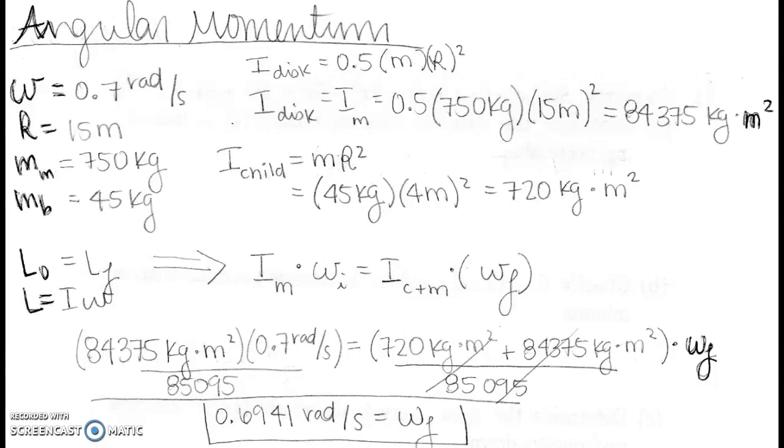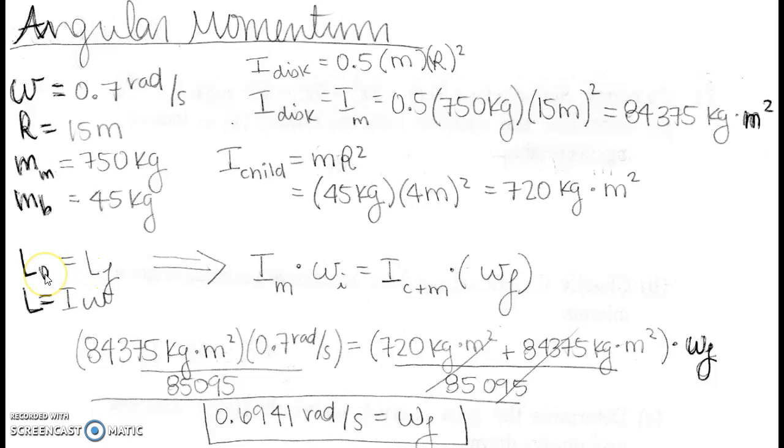The last question asks for the final speed of the merry-go-round once the child jumps on it. In order to do this, we know that the initial angular momentum is going to equal the final angular momentum, because in this question, angular momentum is going to be conserved.